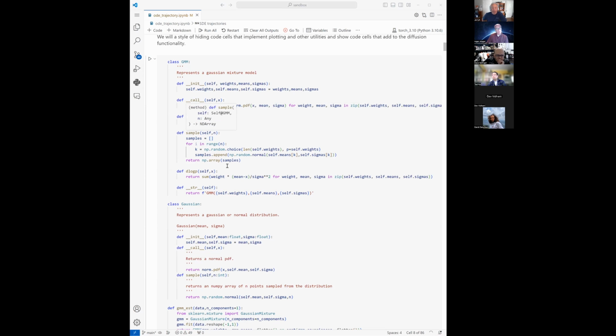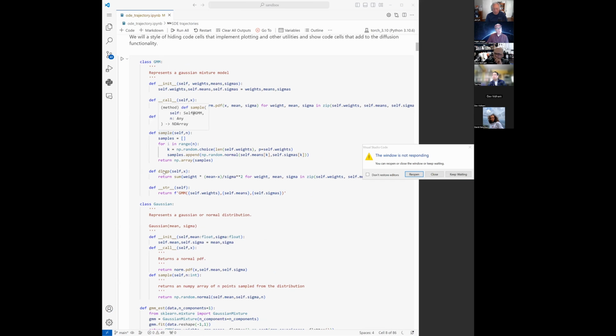If I want to sample it, you choose which of the Gaussians to select from, a weighted choice, and then you sample that Gaussian. That's what that implements. I forget why I did the derivative of log p here.